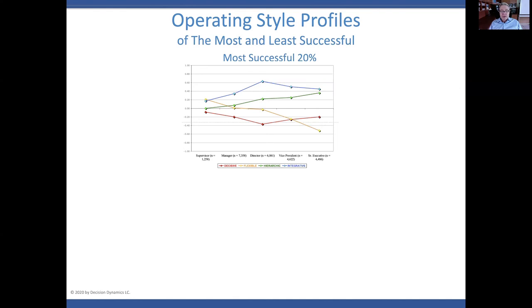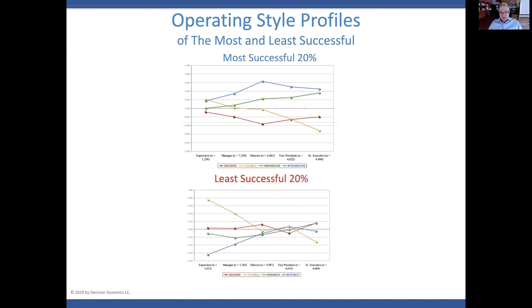So consequently, here again, the profiles associated with success at the junior level, those first-line supervisors, is sharply different from the profile of people at the senior-most levels of management. And then here again, this is the least successful 20%, looking at the operating styles. And you don't need to do any statistical analysis to see at a glance that these profiles of the least successful are really markedly different from those of the most successful.